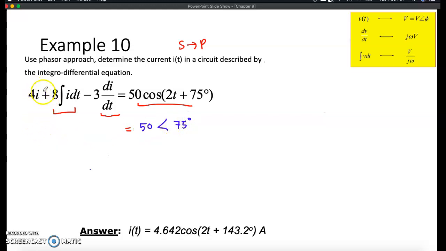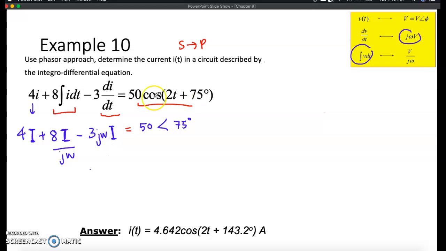Because this is a current, when you change it to the phasor, it becomes 4 bold capital I, 4I, plus 8 is the constant. Now look at here, this is an integration, so when you change to phasor, it becomes 8I divided by jω, minus 3. Now this is a differentiation, so it means multiply 3jωI.